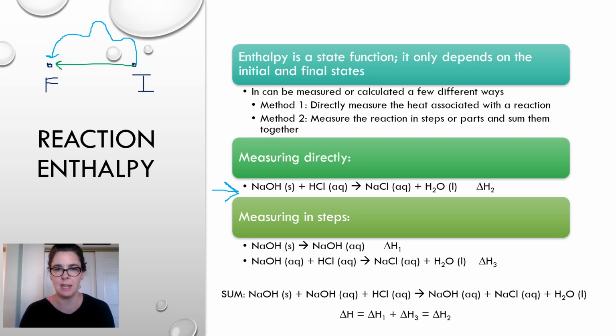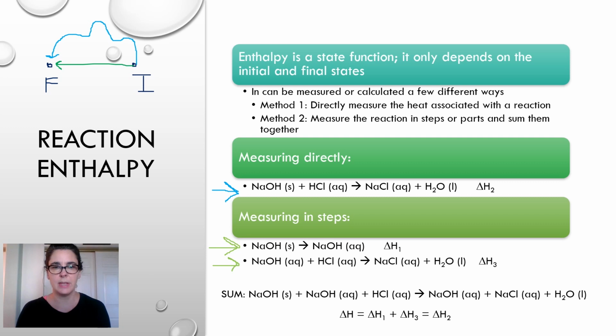And then in another part of the lab, we are measuring reaction 1 and reaction 3. Reaction 1 is sodium hydroxide solid being dissolved into water, so we're going to measure the enthalpy associated with that. And finally, reaction 3 is aqueous sodium hydroxide plus aqueous hydrochloric acid to give us NaCl and H2O.